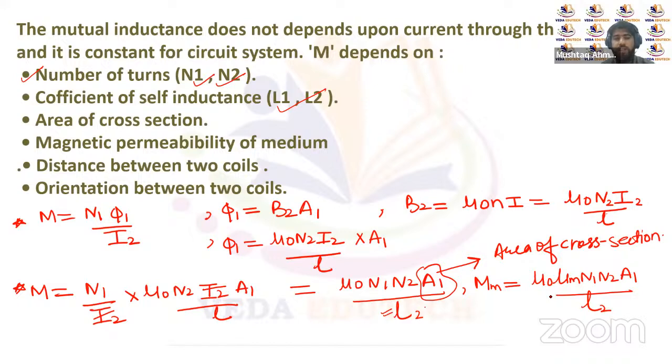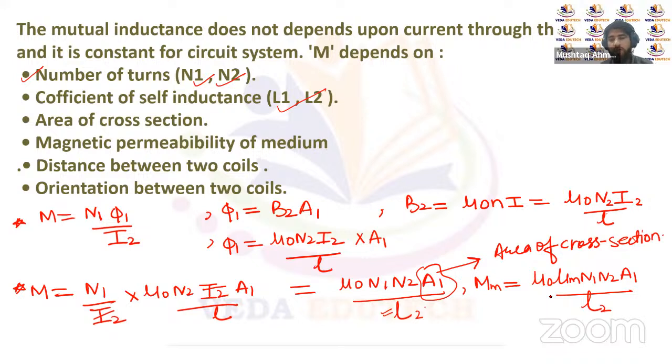And one more important point is it will depend upon the distance between the two coils. It means that if the two coils are close to each other, the flux linked will be more. If the two coils are far apart from each other, then the flux linked between the two coils will be less. So the change in flux will be different.